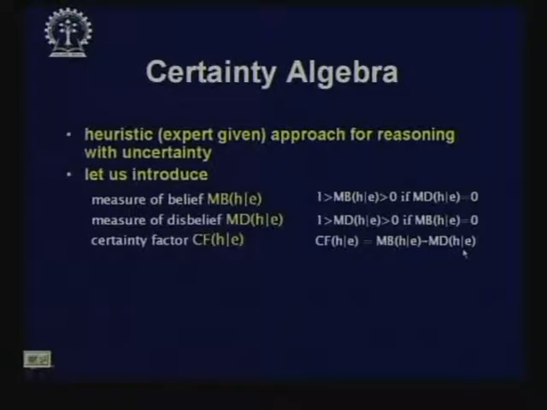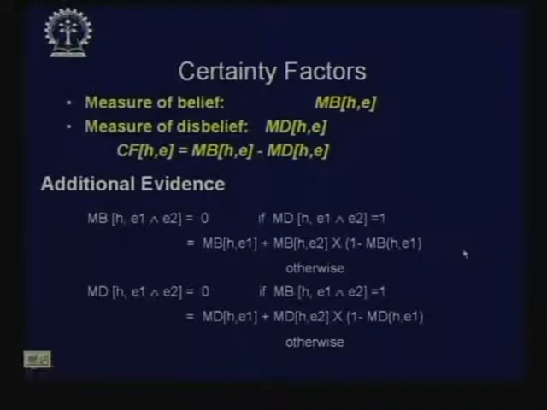All right. So, we start with a measure of belief which is MB(H|E). You see the variation of notation because I did it on different days. Measure of disbelief is MD(H|E) and certainty factor of H given E is MB(H|E) minus MD(H|E). I hope this part is clear.